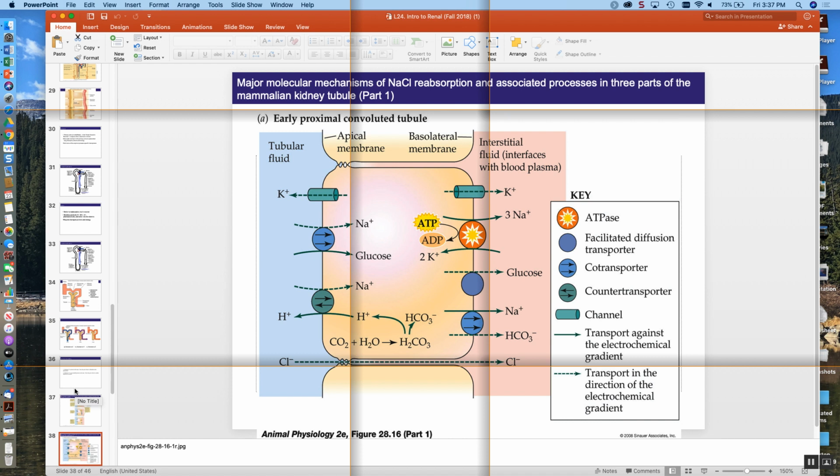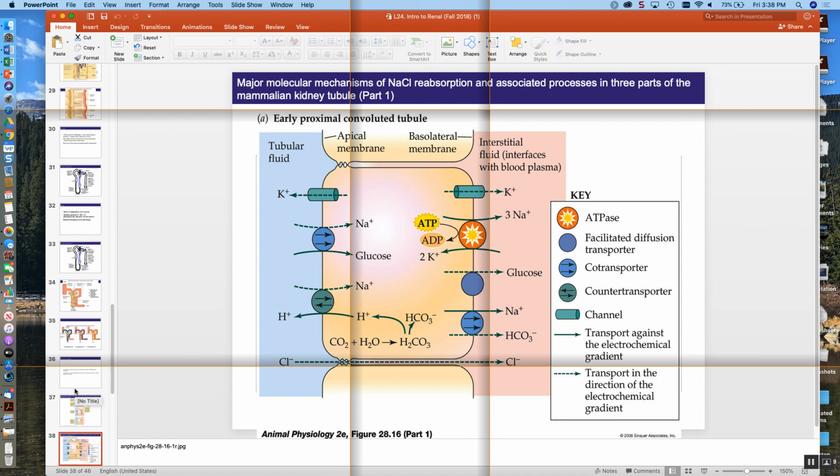It's transported across the basolateral membrane, delivered into the blood, right? Amino acids are also brought into the cell by the sodium amino acid cotransporter, and then transported across the basolateral membrane through this facilitated diffusion transporter. Sodium is reabsorbed. Potassium in this case is also reabsorbed. Some of it is actually secreted.